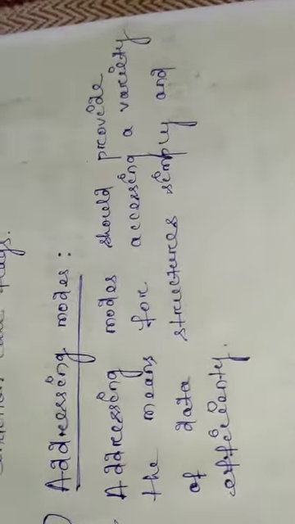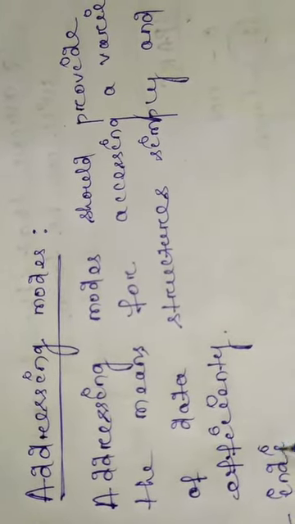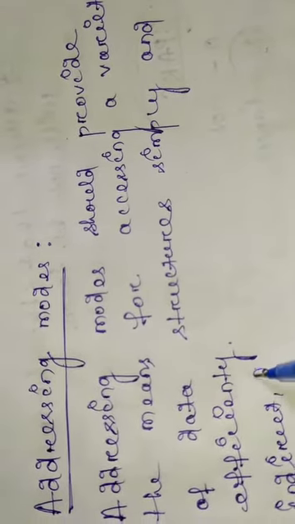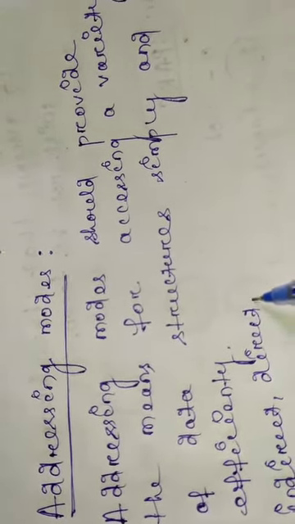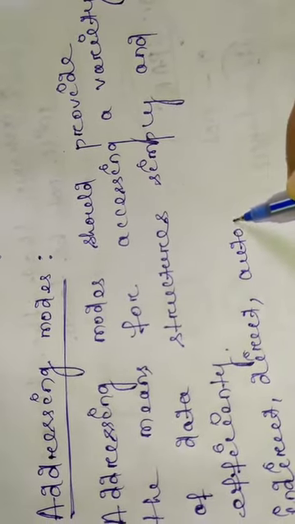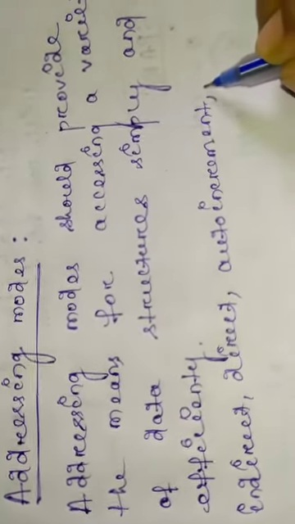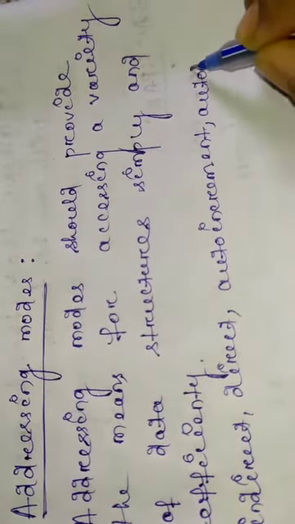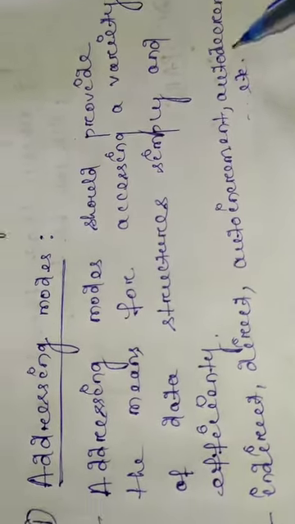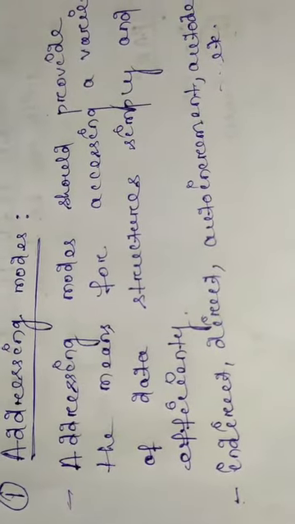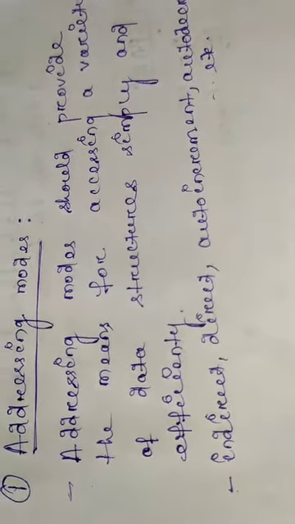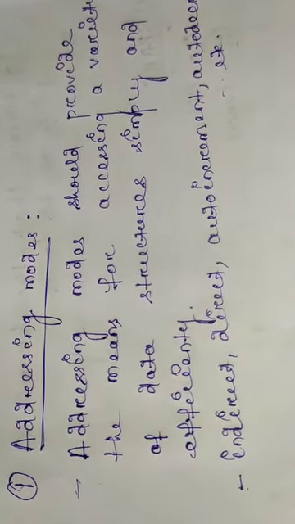Some addressing modes are indirect, direct, auto increment, auto decrement, etc. Also relative, register indirect, register direct, and index; many types of addressing modes are there. We already studied it in the previous classes.